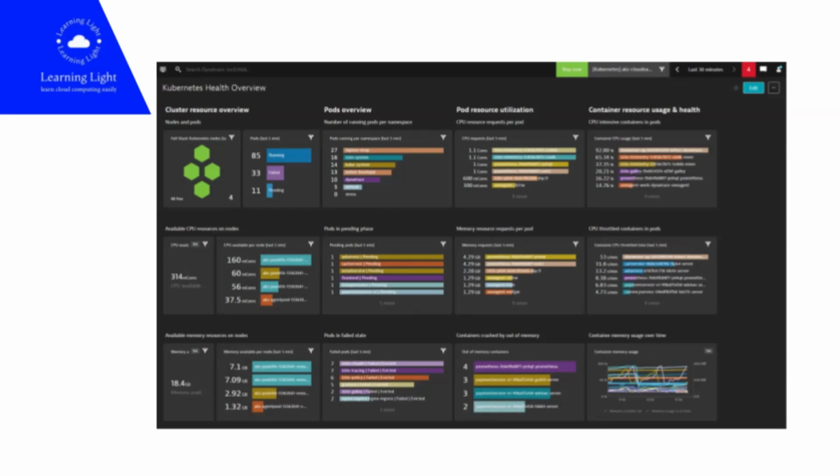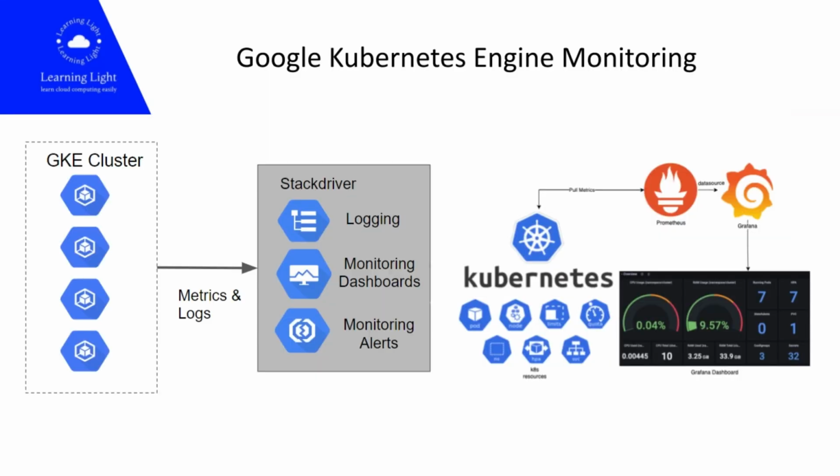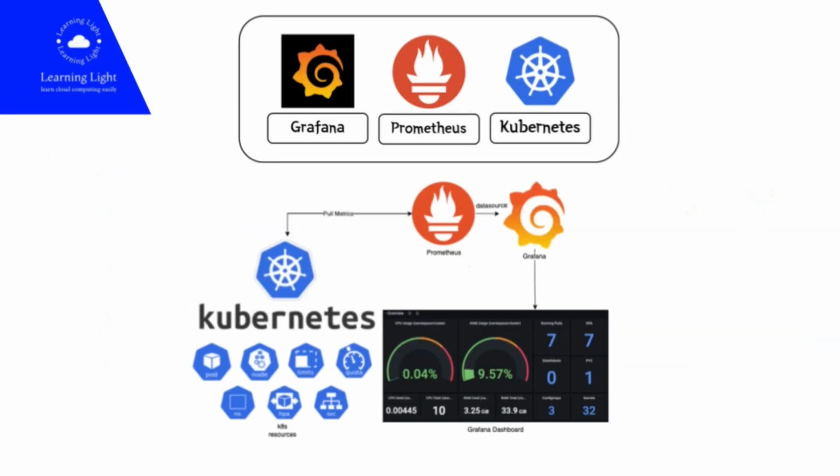So macro level or micro level, we can monitor the clusters, GKE clusters or Kubernetes clusters or AKS clusters or EKS clusters. So we can monitor any kind of Kubernetes clusters using these Prometheus and Grafana.